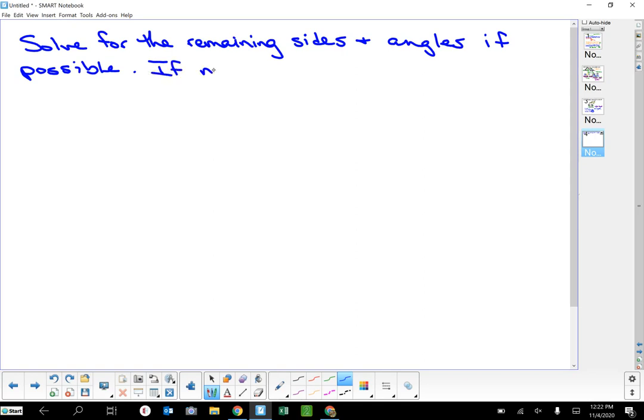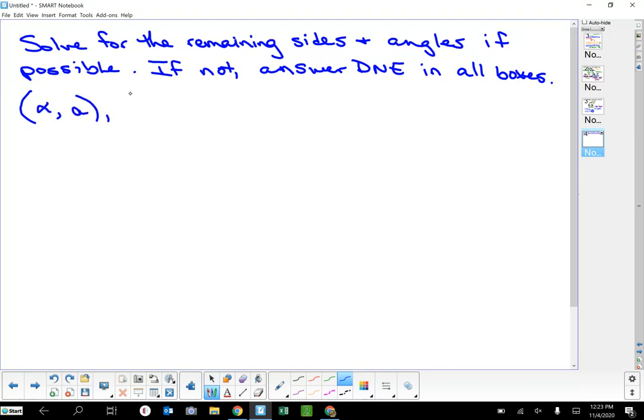If not, answer DNE in all boxes. And then it says the ordered pairs alpha A, beta B, and gamma C are angle side opposite pairs.